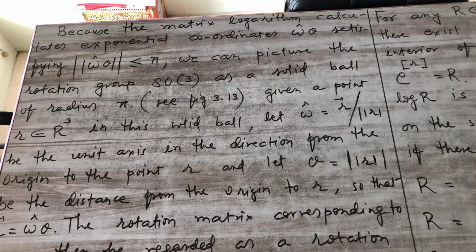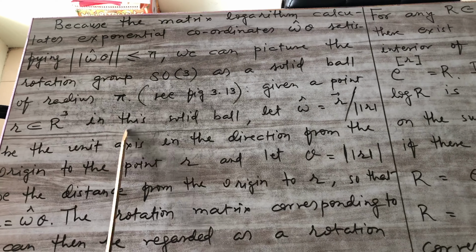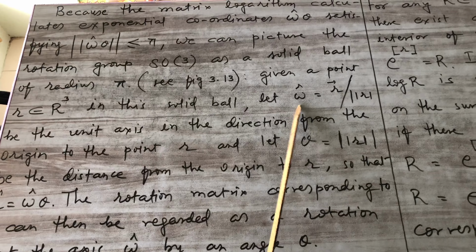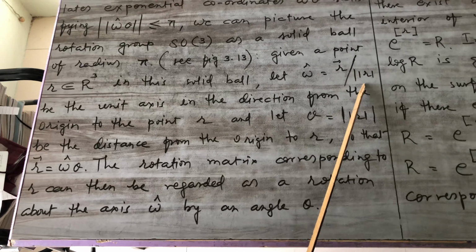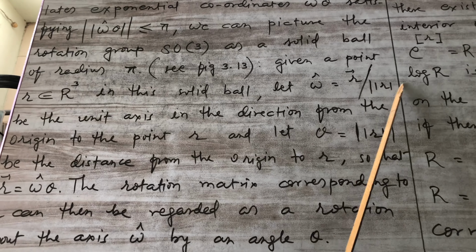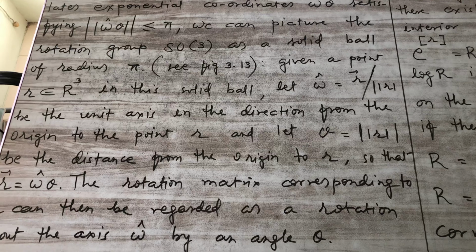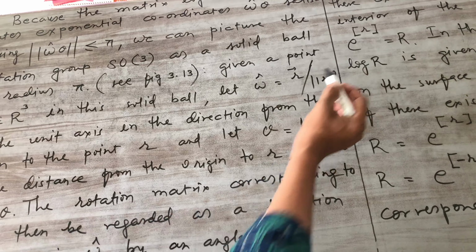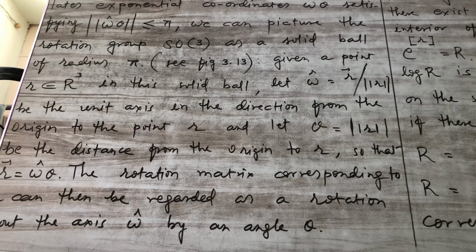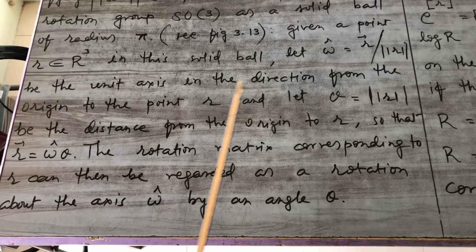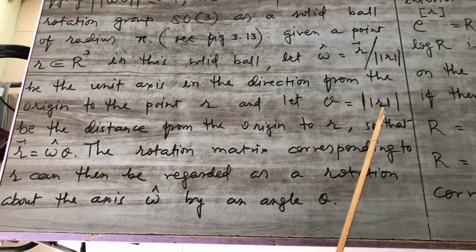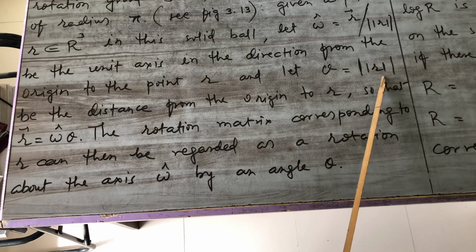So given a point r belonging to R^3 in this solid ball, let omega cap be r by the magnitude of r. If a vector is divided by its magnitude, we get a unit vector in the direction of that vector. The unit axis is the direction from the origin to the point r, and let theta equal the magnitude of r.